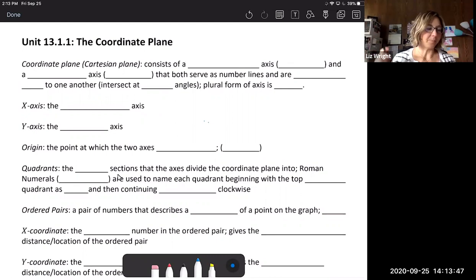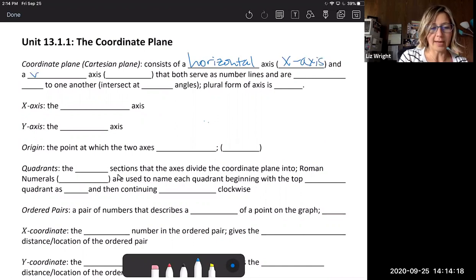The coordinate plane is also called the Cartesian plane because it's named after the mathematician Descartes. That's where the word Cartesian is based off of. The coordinate plane consists of a horizontal axis, which is going to be your x-axis, and a vertical axis, which is going to be your y-axis.